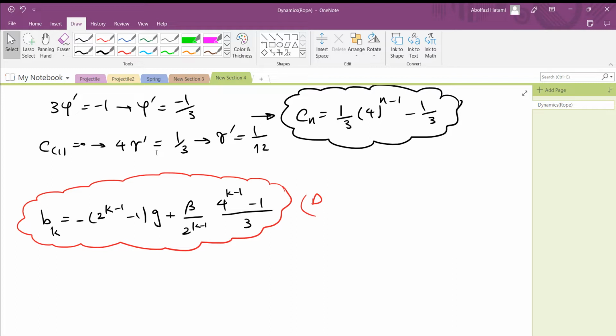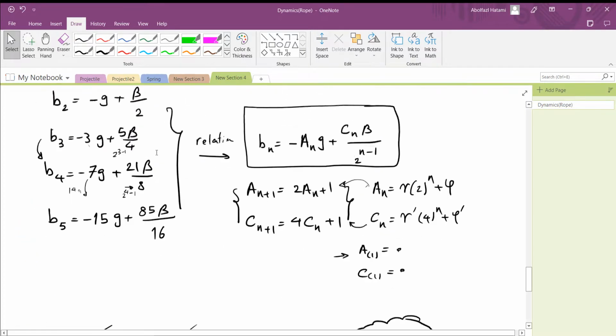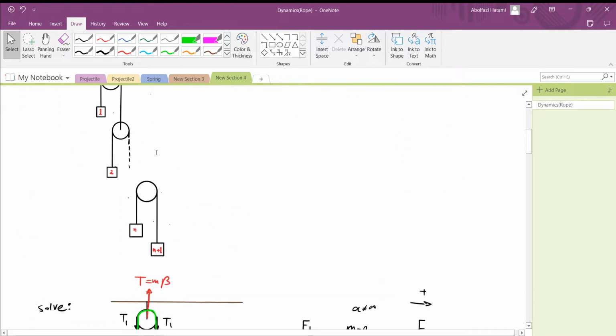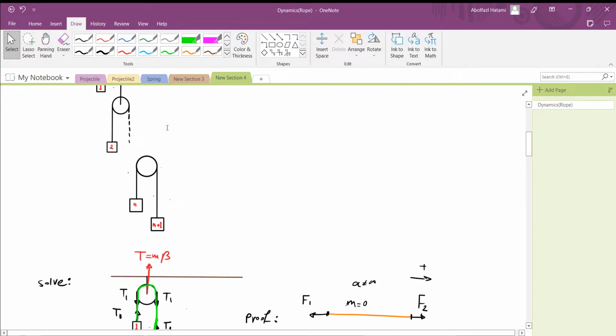The note of this part of the question is that you should pay attention to the last system, which is the nth pulley, attached to the nth block and the n plus 1th block.